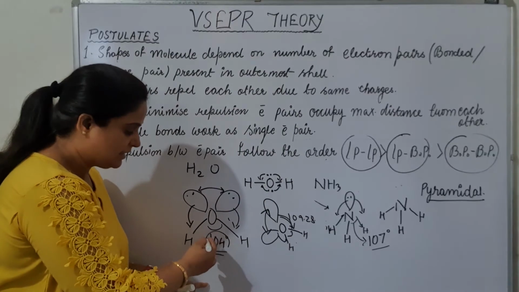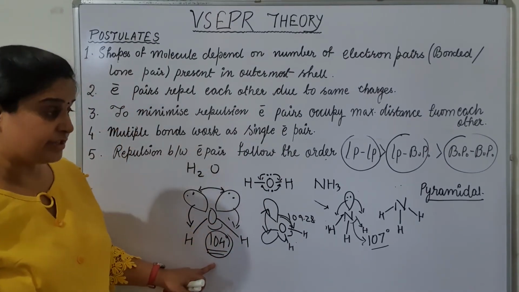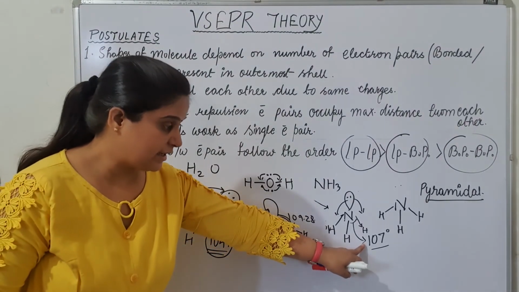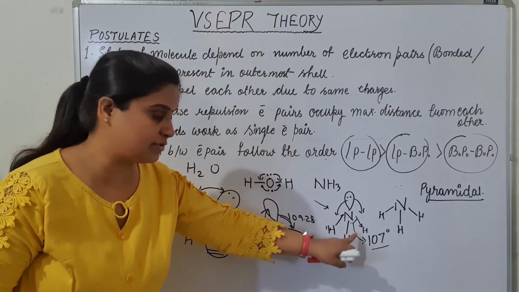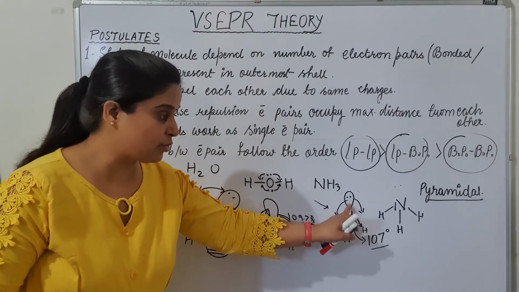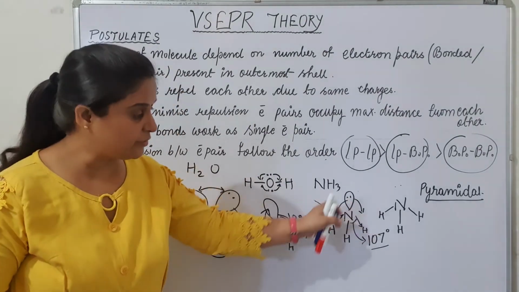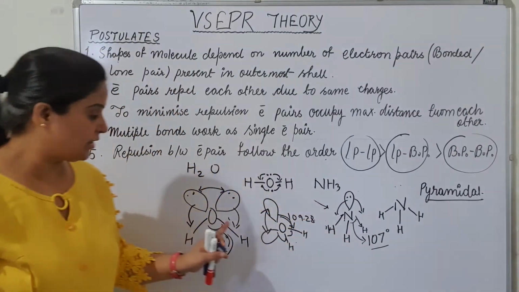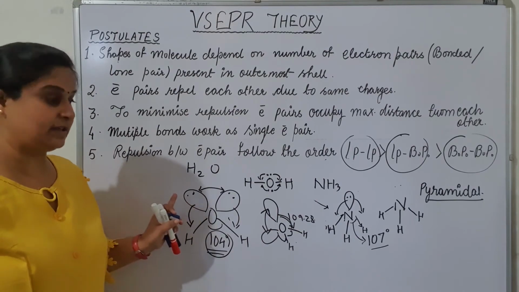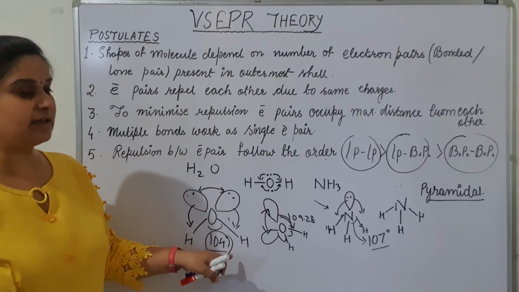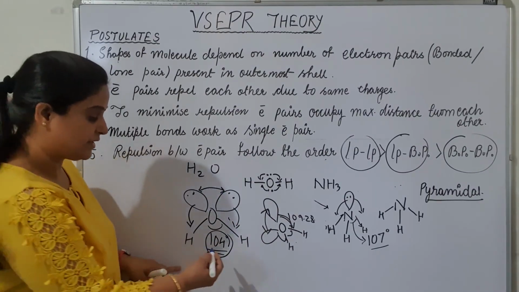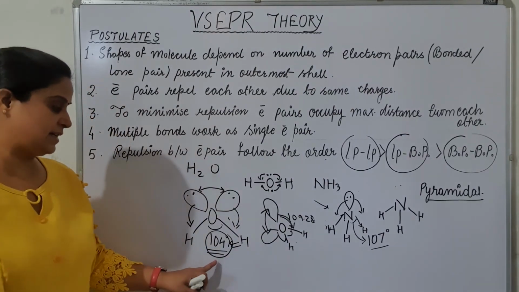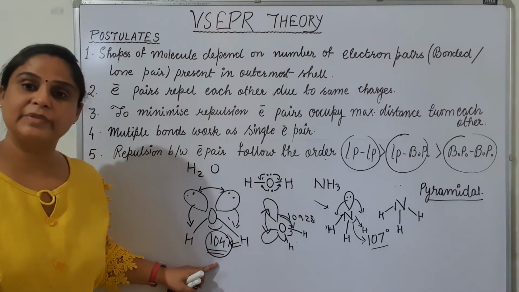So the angle is reduced to 104, which is lesser than the angle between the nitrogen, hydrogen and hydrogen, because there was only one lone pair and that was pushing them down. That is why the angle was reduced to 107. Now this time there are two lone pairs, they are repelling each other and then they are pushing them to the downside. That is why the angle is more reduced and it becomes 104 degrees.